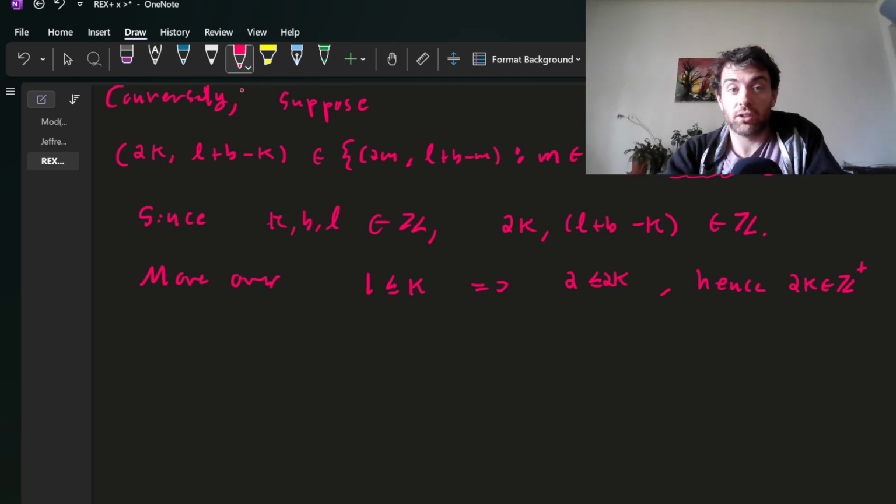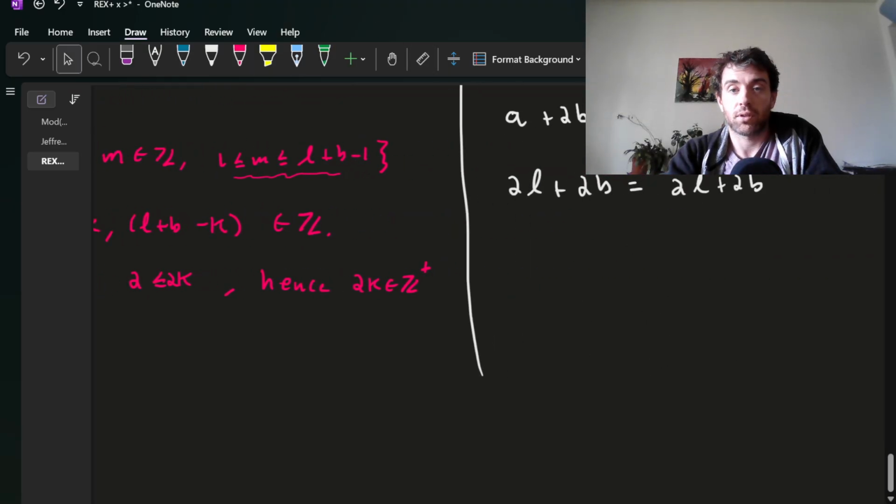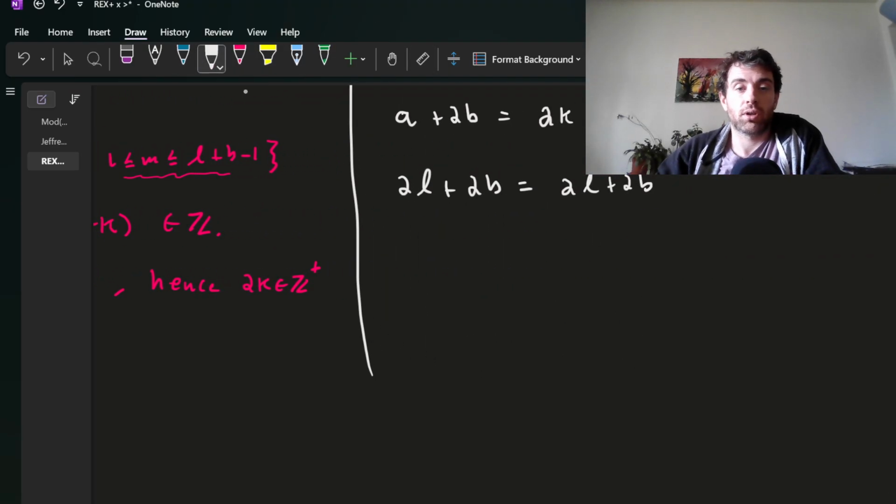And we might need to do a little more work here, right? So I want to show that L plus B minus k is greater than or equal to 1.